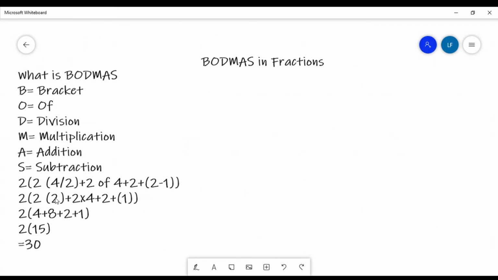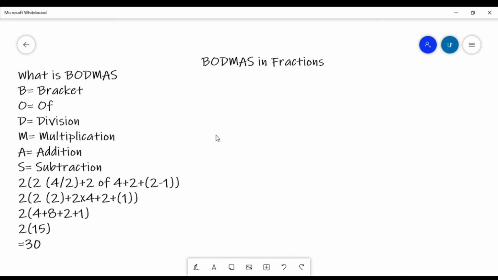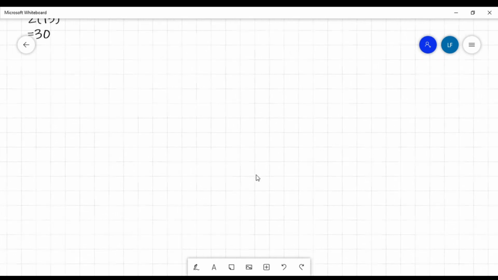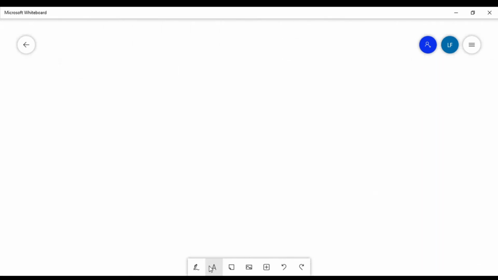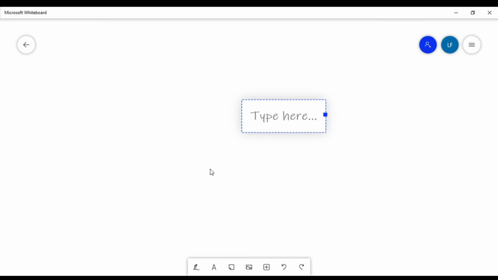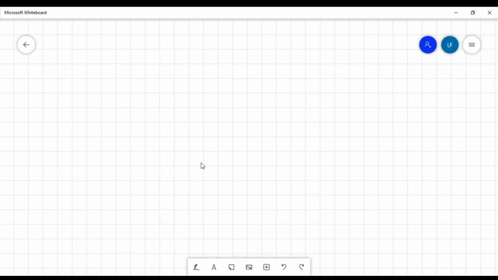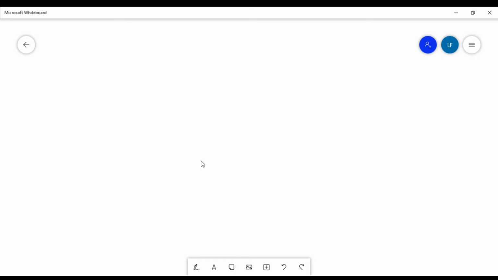Now we know how to do BODMAS using natural numbers. But what we came here to do is how to do BODMAS in fractions, right? Well, I've got a sum for you. If I try doing fractions using the keyboard, you won't be able to understand most of it.